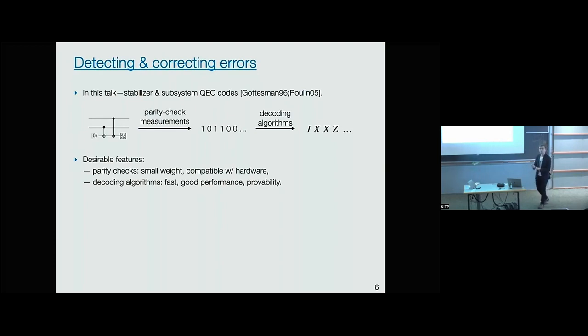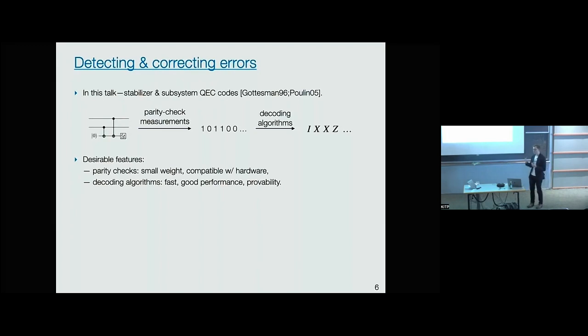For instance, with superconducting qubits, we can implement CNOT gates between nearest neighbors. The other feature that we want is that the decoding algorithm that we use to process this classical information better be fast so that we can find corrections rather quickly.